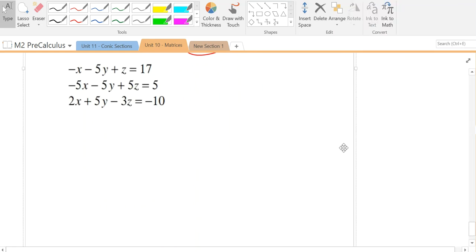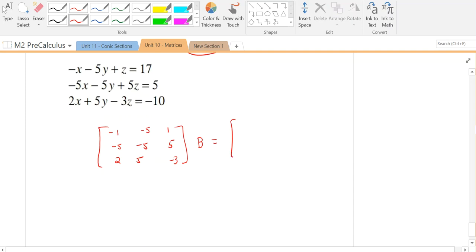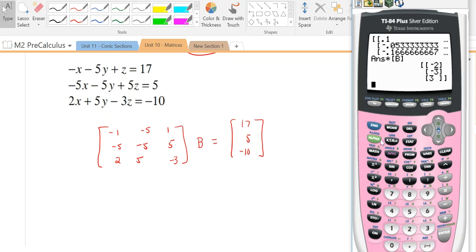Why don't you pause the video and try this one? All right, and so we have negative 1, negative 5, 1, negative 5, positive 5, 2, 5, negative 3 times some variable, with 17, 5, and negative 10. Okay.